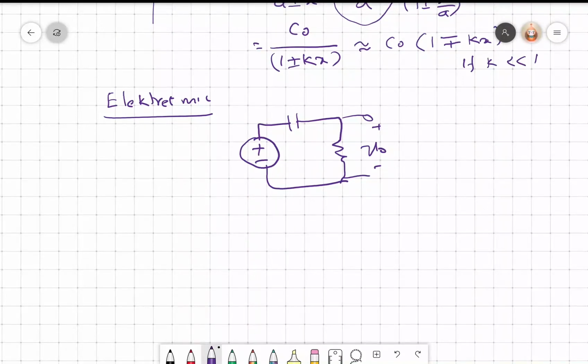So for derivation, what we do is this: we get C0 plus C1 sine omega t, assuming that I am now sending only a single frequency sine wave excitation to the microphone, maybe a flute. This we call the battery voltage EB. The voltage V0 is I times R, where R is the resistance and I is the current.